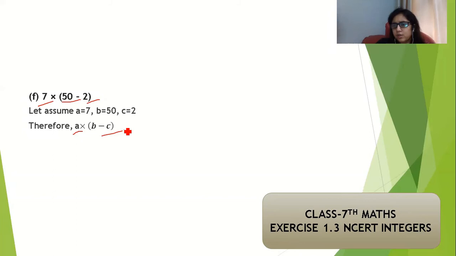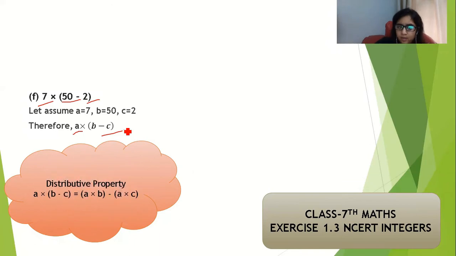If you think about the distributive property, this is the left hand side of the distributive property. I will write it down for you, that is a multiplied by b minus c equals, see, this is the left hand side of the distributive property. So my given equation is a distributive property, so I will use this property to solve this equation.